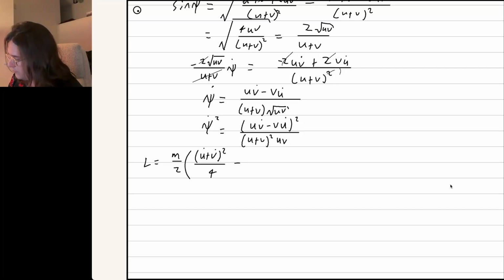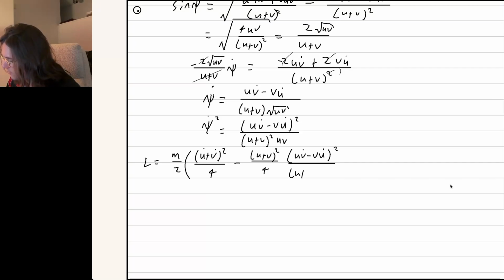And then we have u plus v over 2 squared, so it's r squared psi dot squared, so we'll have u plus v squared over 4 times uv dot minus vu dot squared over u plus v squared uv.